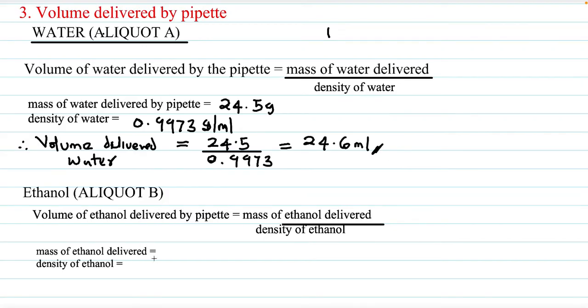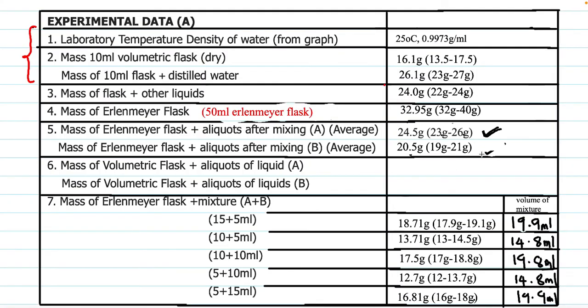Alright, so let's dive into that of ethanol. The mass of ethanol delivered by the pipette was 19.5. Sorry, I think this particular value was 19.5 previously.